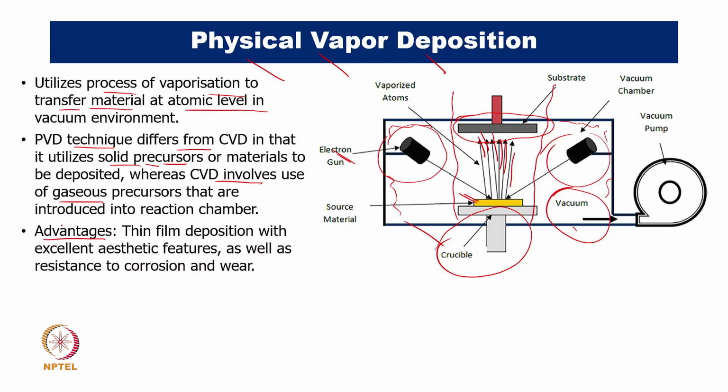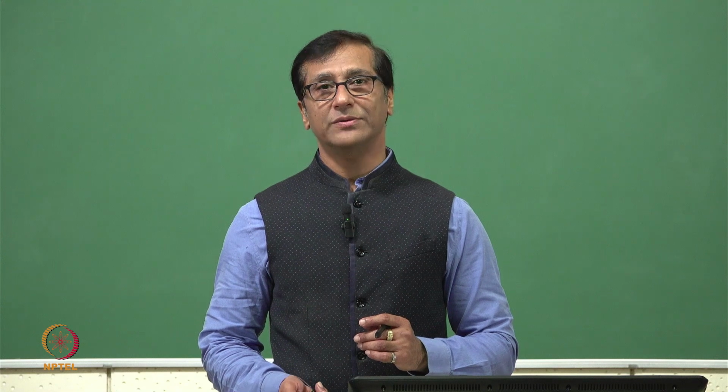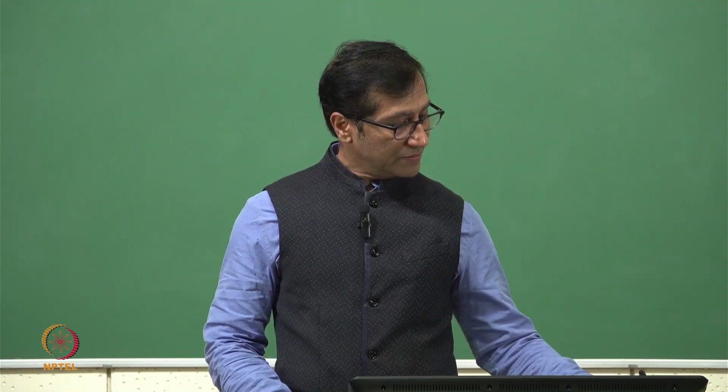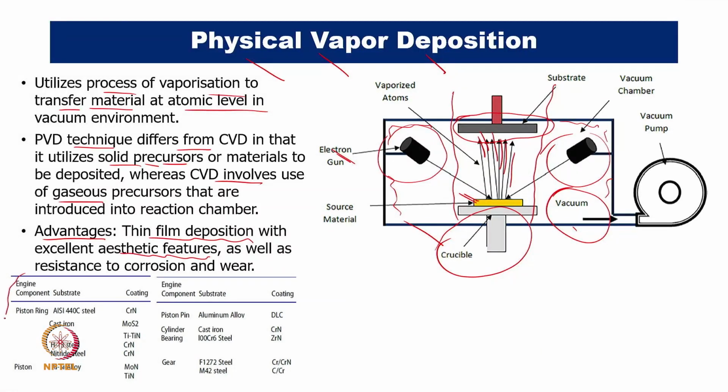Another point is that we are able to go ahead with thin film deposition, and it can have good aesthetic features also. It has good resistance to corrosion and wear, and more research is done in this form. There are some publications where they have already done this coating on engine components. I'm just showing here the piston ring.